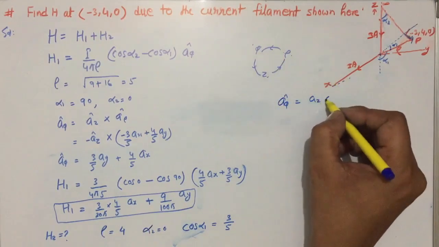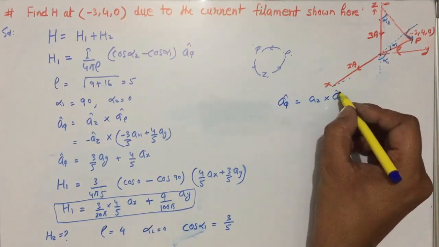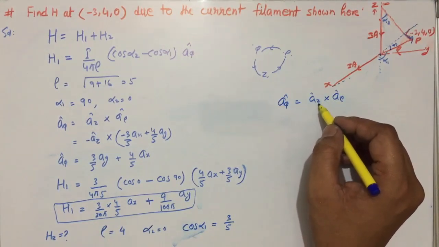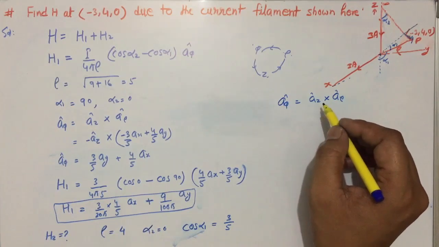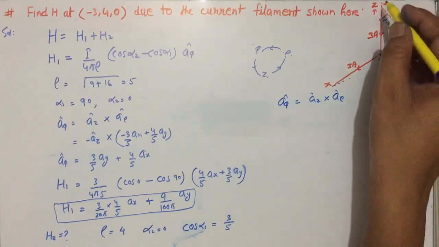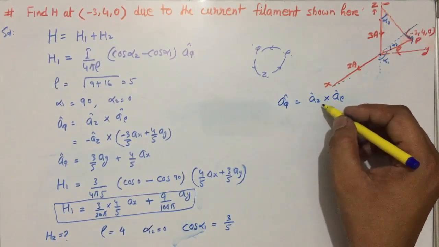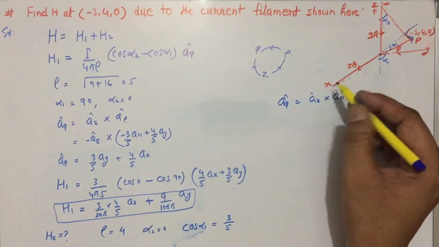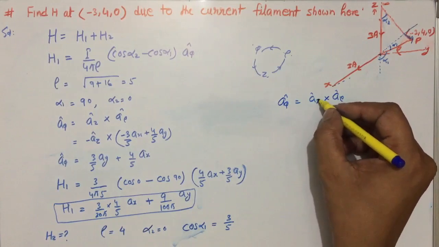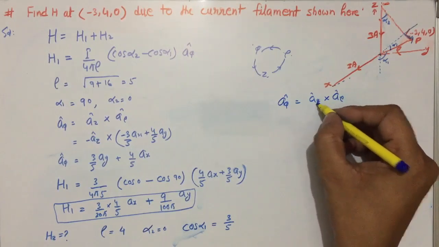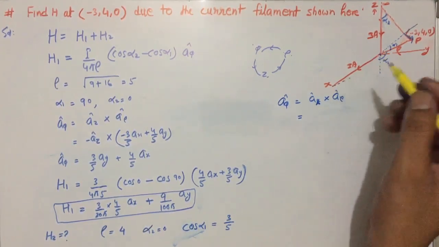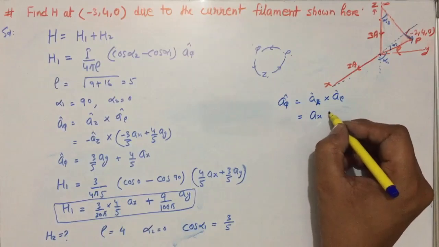a phi will be az cross a rho. Actually az is not az, but this is nothing, the length in which we are talking about. So az, usually we talk in this direction, that's why we put it here z. However, if it is in the x direction, we can say in general term it will be al, the direction of the length, that will be ax cross a rho.